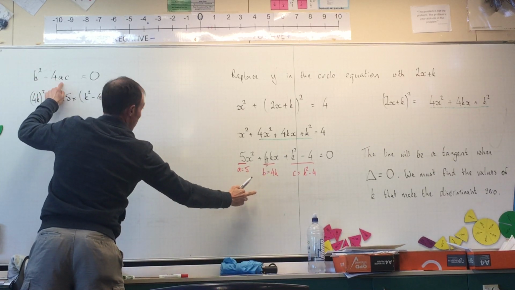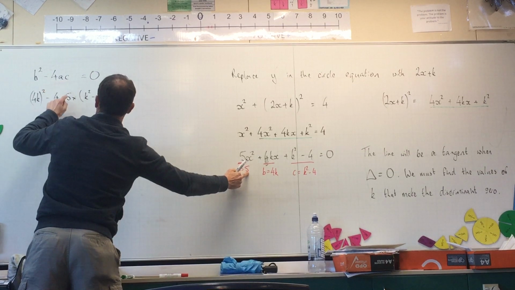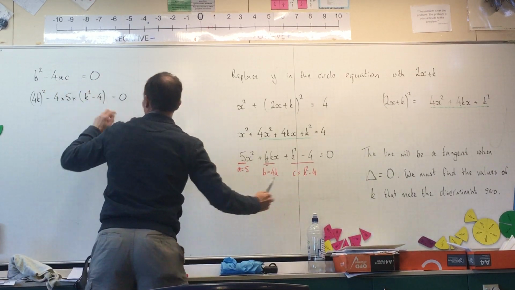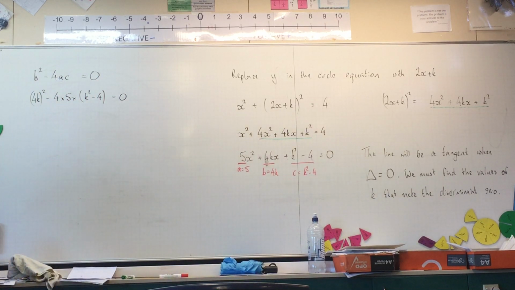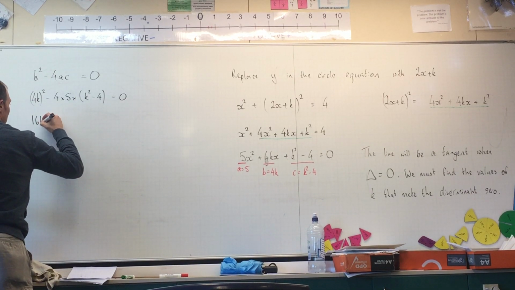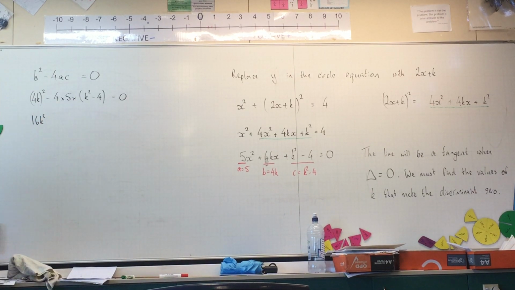That's just 4. Take my a value, which is 5, substituted in. Take my k squared minus 4, which is my c value, substituted in. Okay? What is 4k squared? 16k squared, good. Easy to write that wrong. You'd be amazed how many times I see people write 4k squared there.